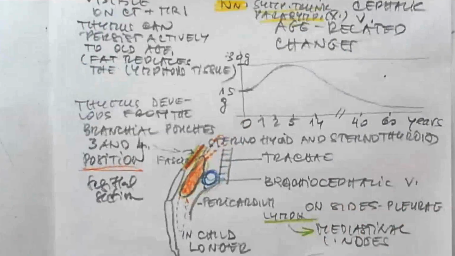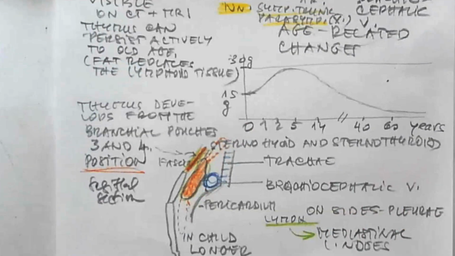Thymus, very good. Then this was the superior mediastinum. Then follows the inferior mediastinum. We start directly with the anterior, either anterior inferior or just inferior, which is sufficient.